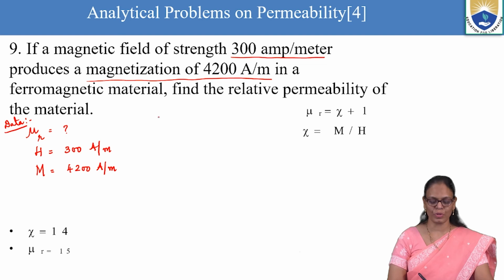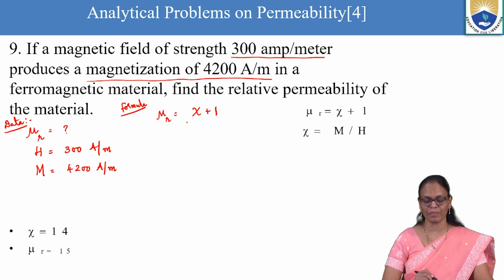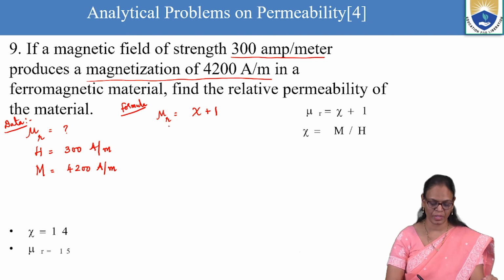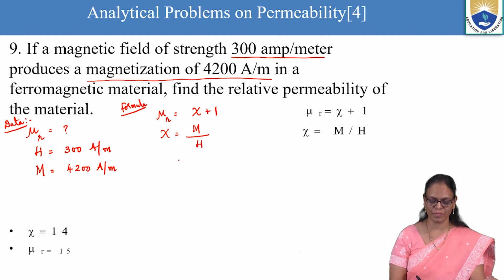So mu r is equal to chi plus 1. This is the formula we are going to use. And how do we get chi given the value? Chi is equal to m by h. So what is the value of m?